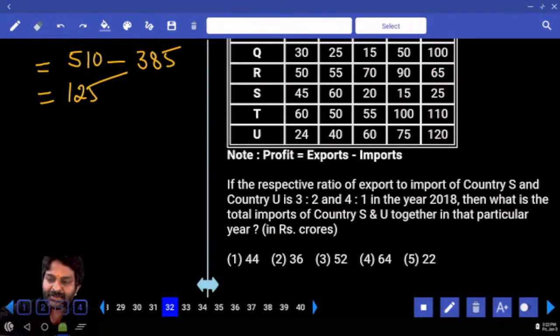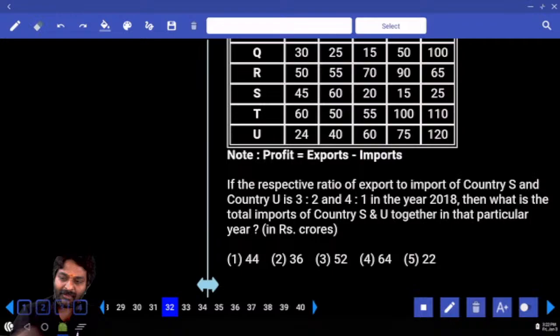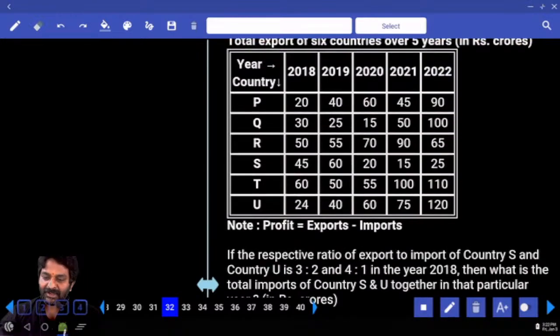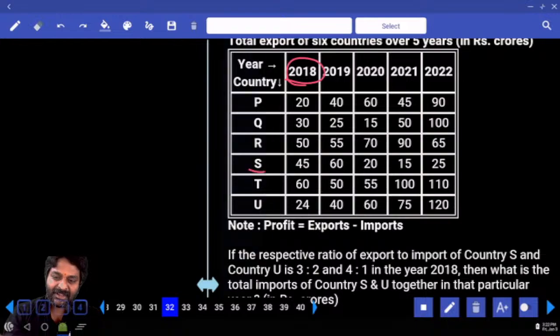If the respective ratio of exports to imports of country S and U is 3:2 and 4:1 in the year 2018, then what is the total imports of S and U together in that particular year? So we have it for country S and then country U. Let me first calculate it for country S. 2018, S and U. Order is important. First exports, then imports. Export is how many parts? 3 parts.